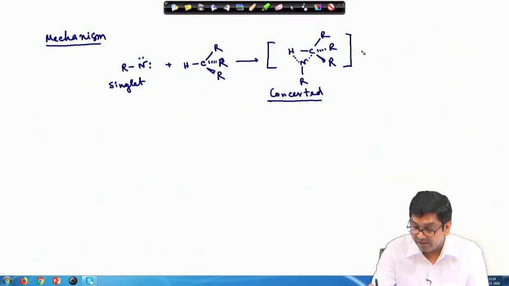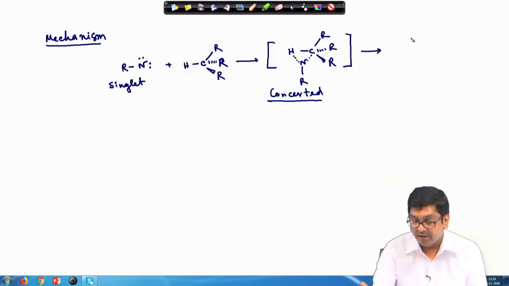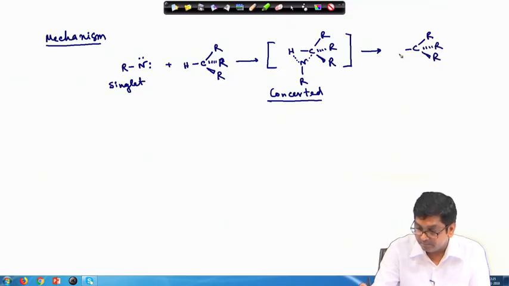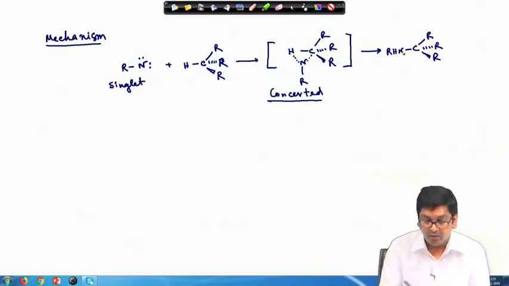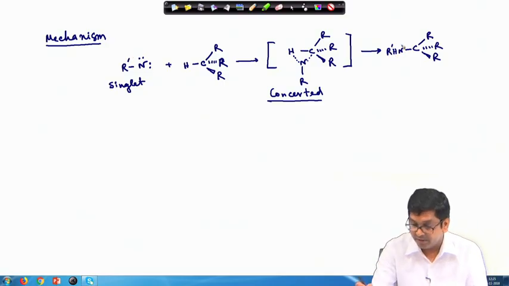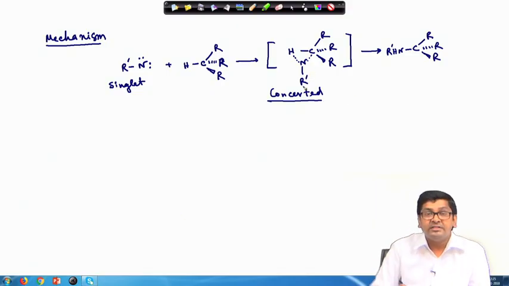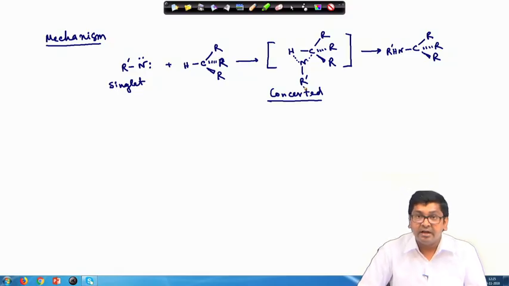Finally, the insertion will happen and it will give the inserted product. Or we can give there R prime, here R prime. Okay. So, this way singlet nitrene got inserted into the carbon hydrogen bond.